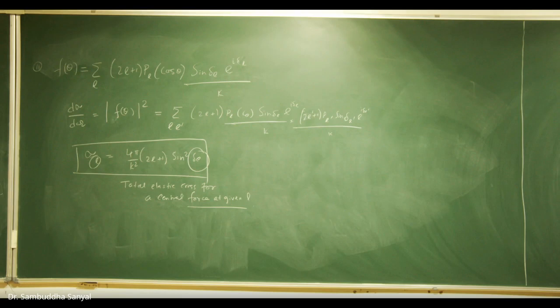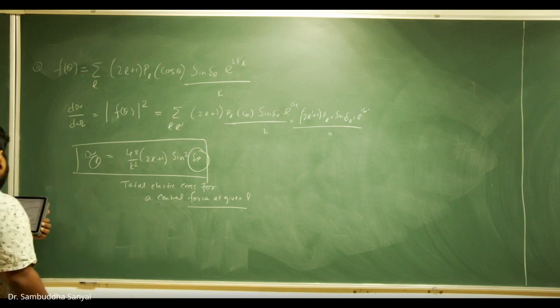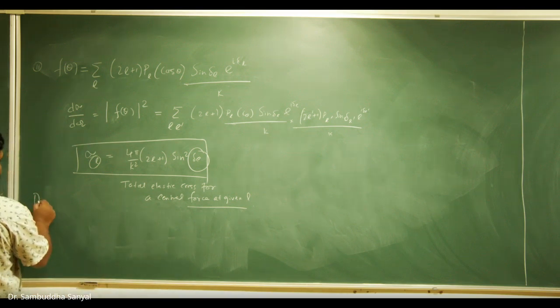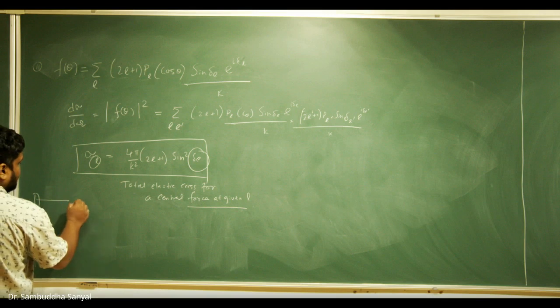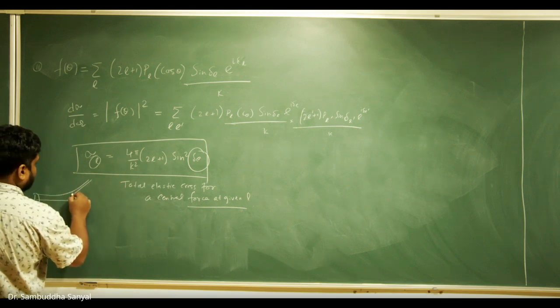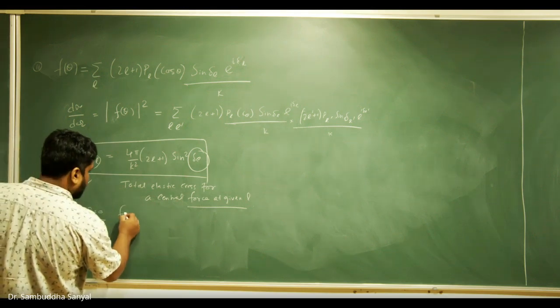Okay. Now there is a theorem which is usually stated as the optical theorem, which is basically nothing but theta equal to 0. We learned that this is how you want to see the scattering. This angle is theta. So theta equal to 0 is basically the forward scattering.